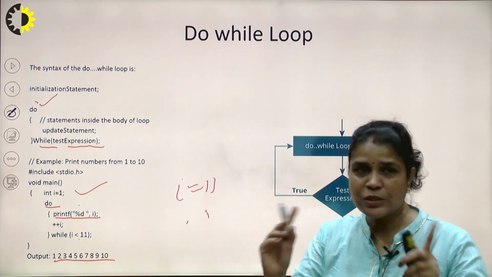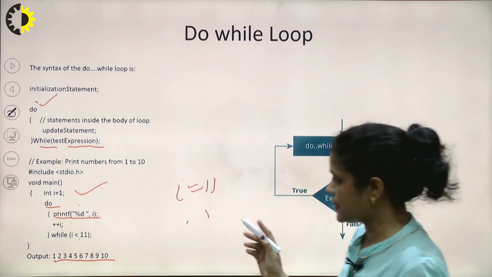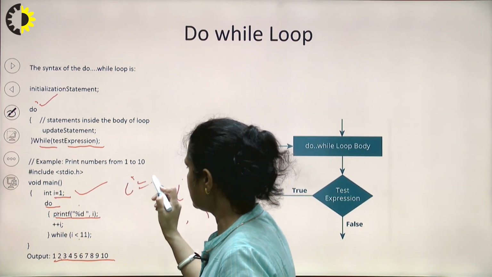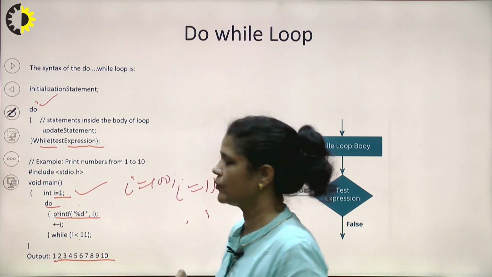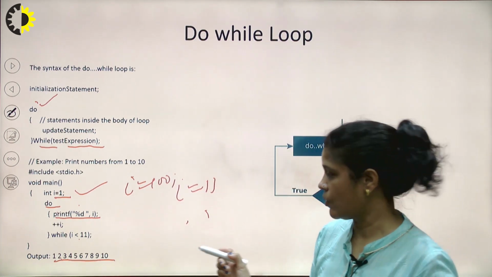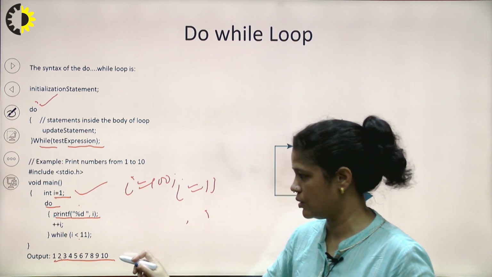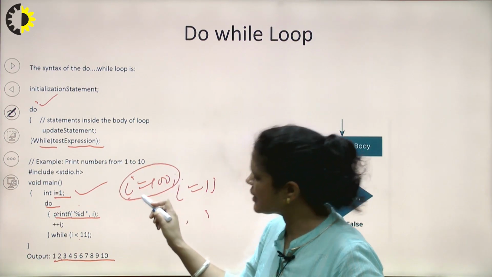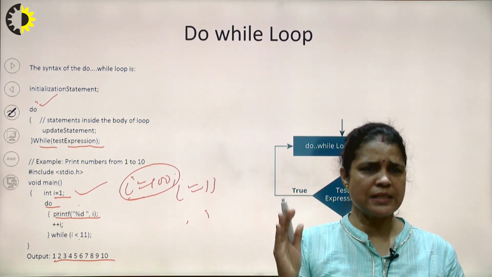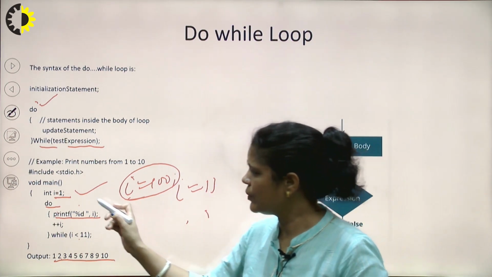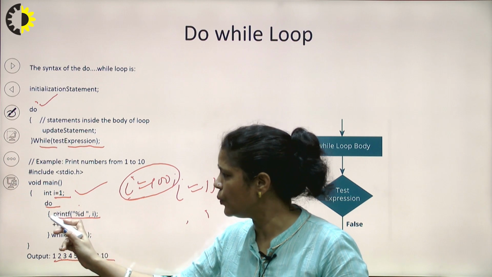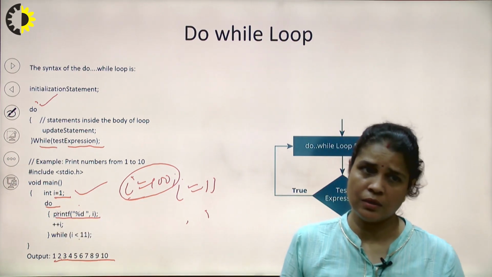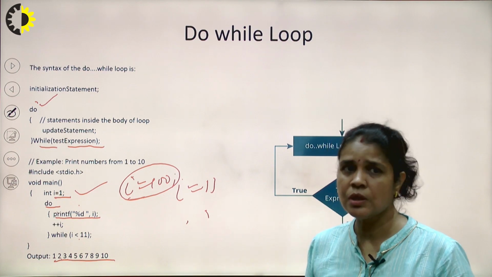Now, what is the difference between the while and do while loop? Basically, if instead of 1 we initialize this i with 100, right? Now, we need to print from 1 to 10, but if by mistake we initialize i with 100, then what will happen? We are instructing the compiler: do, meaning i will be printed, whatever the value of i, irrespective of the condition.